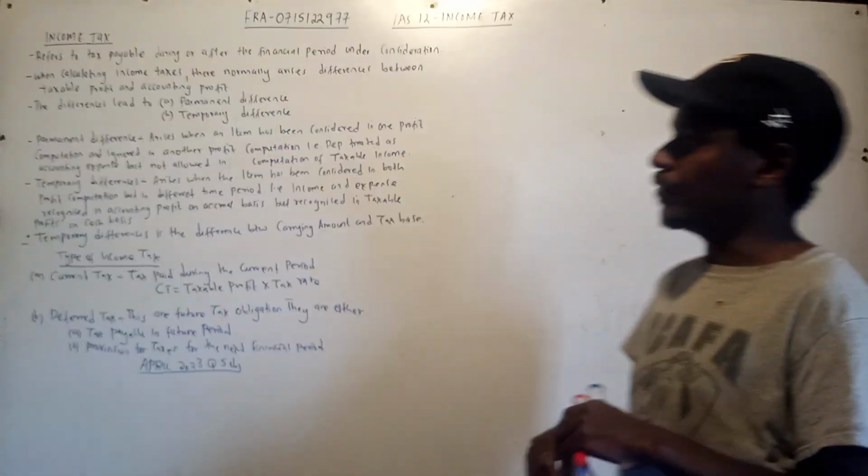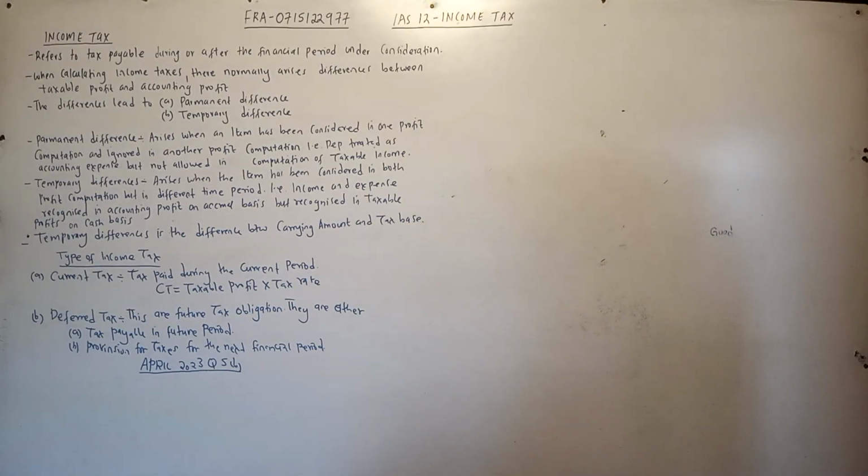Then you have the temporary difference. The temporary difference arises when an item has been considered in both profit computations, but in different time periods.